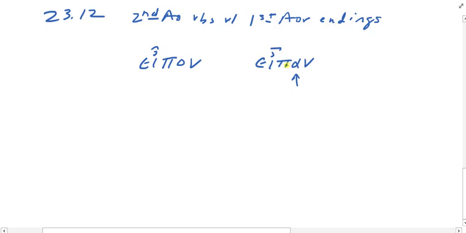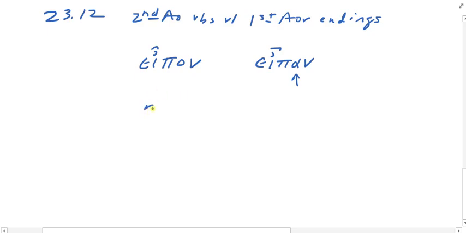The sigma's gone, but the alpha of the sigma alpha is present, and the nu that you're expecting is also here. And this is going to happen almost 100 times in the Greek New Testament. So just be aware that sometimes second aorist verbs will borrow first aorist endings, and so it's going to have the alpha at the end, where you normally would have expected an omicron for the connecting vowel, okay?